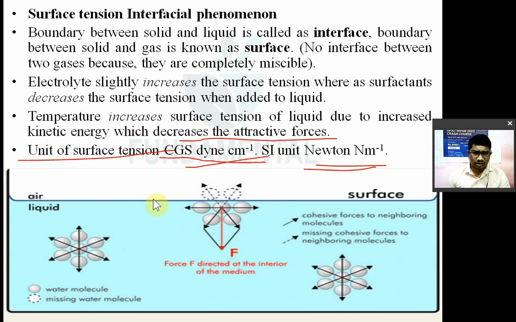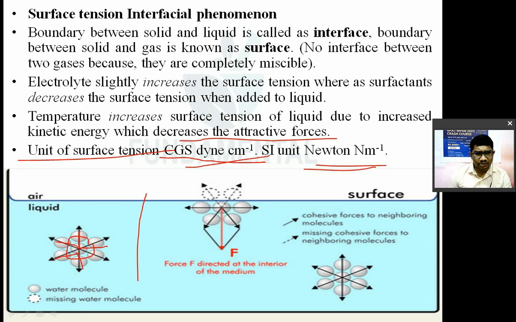Now you can see over here the thing. So consider this water molecule which is in a bulk of liquid. ये जो water molecule है ये कहाँ पे है? Bulk of liquid में. Right? So the water molecule in the bulk of liquid will experience attractive forces from all directions equally.